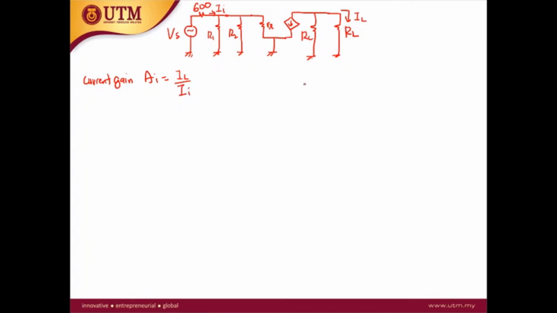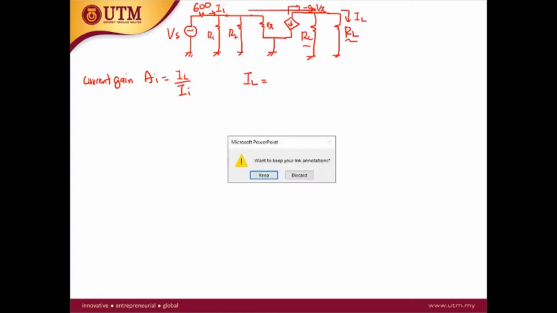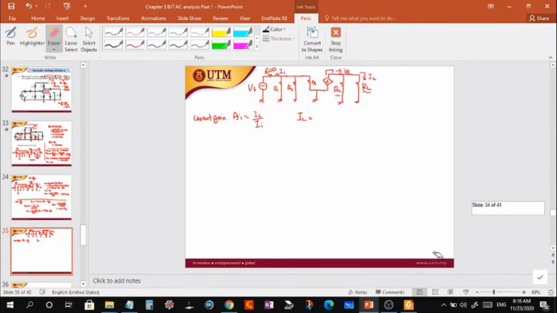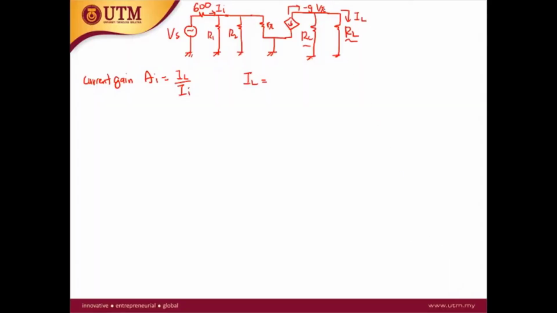Okay, what is IL? IL is a current division between the RL and RC. You know that the current from the current source, in the opposite direction, is minus gm V pi. So this is the source of the current. So the current at the RL is the division of the minus gm V pi.